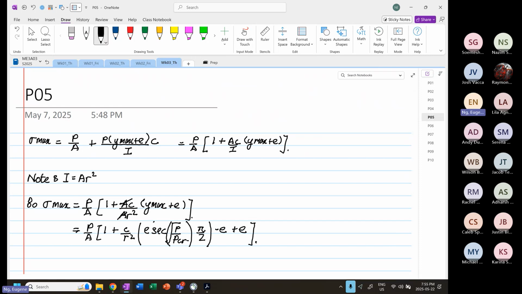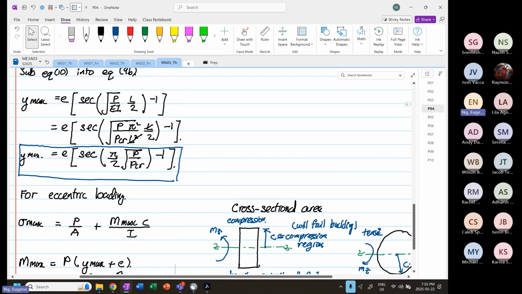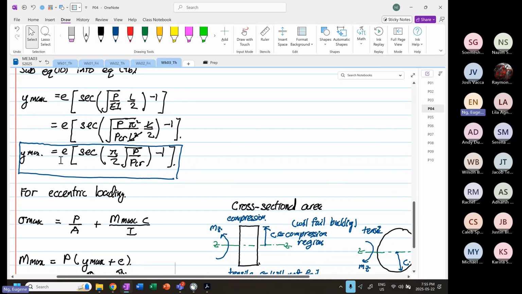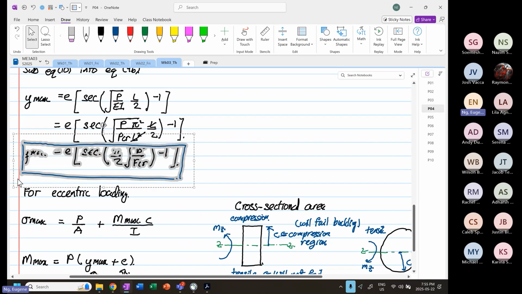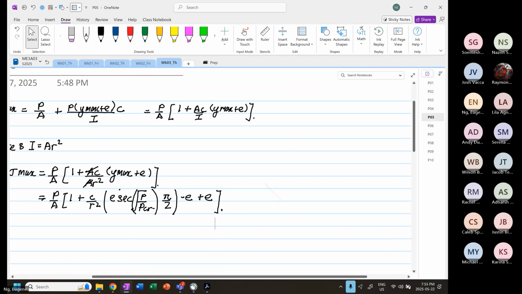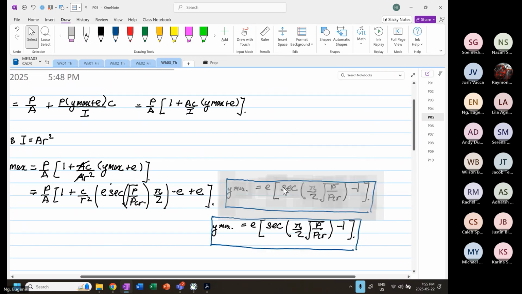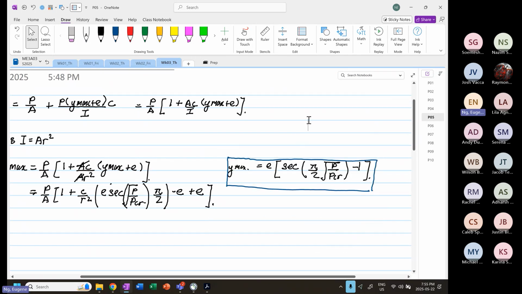Now, over here, if you look at our Y max expression, so this is our Y max. So I'll just bring it across so you know where I get the minus E plus E from. Okay, so I'm going to copy. So we can recall, basically, I substitute this expression.